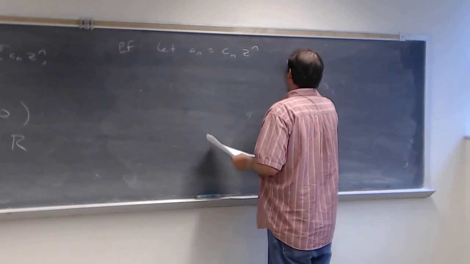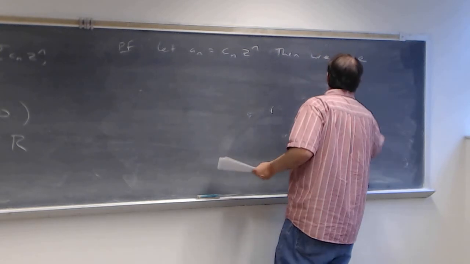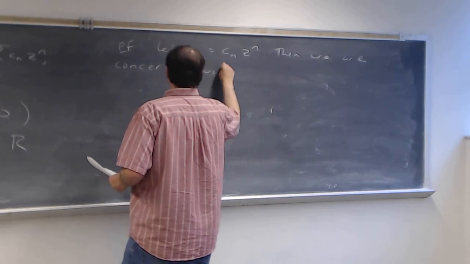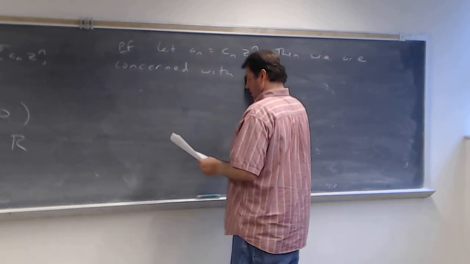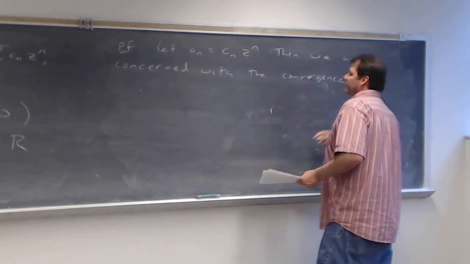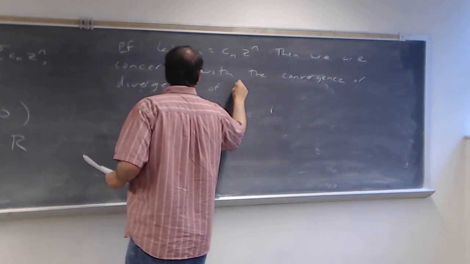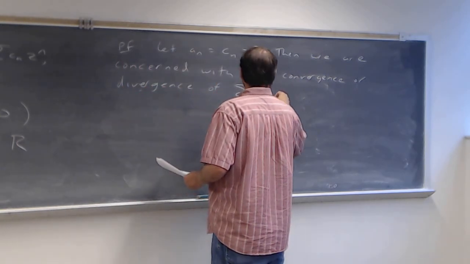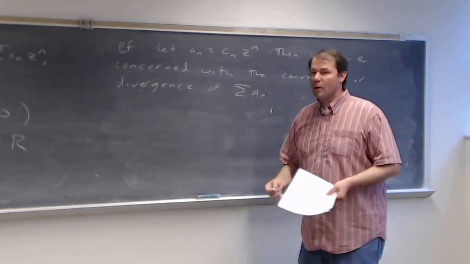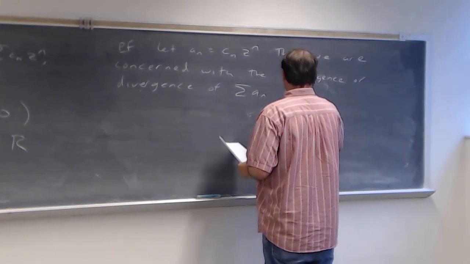So with that short notation, we are concerned with the convergence or divergence of the sum of the a sub n's, and that's what we're interested in. Now, the statement that we wrote looks a lot like the root test, and that's what we're going to be applying. So we will apply the root test to this sum.